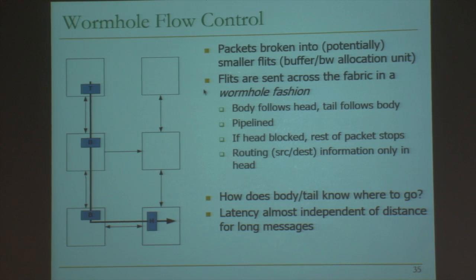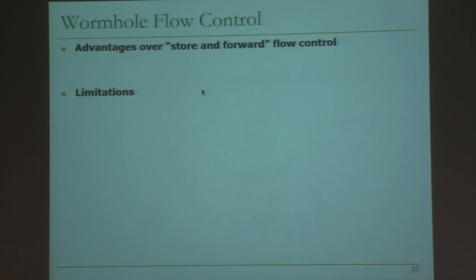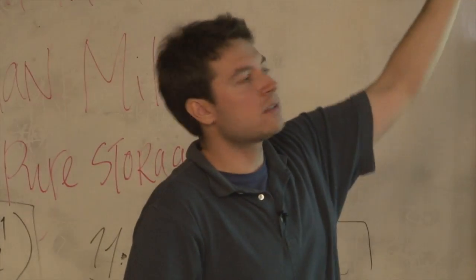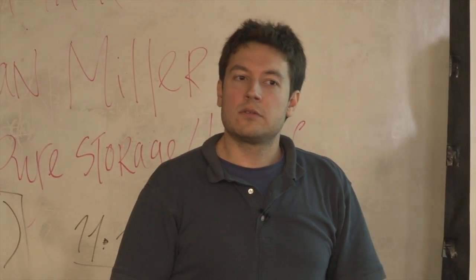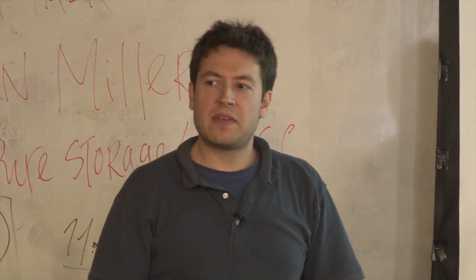So I'll show you an example of an even worse problem. First of all, we already kind of covered this. Going from the original solution, the packet just goes in its entirety from one router to the next. What are the advantages of doing wormhole routing? One we already mentioned for cut-through, what was the advantage there?